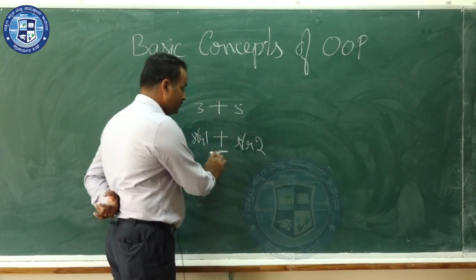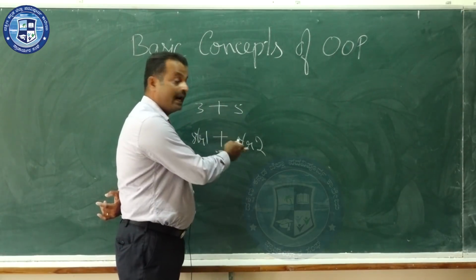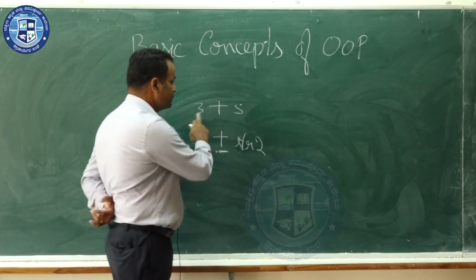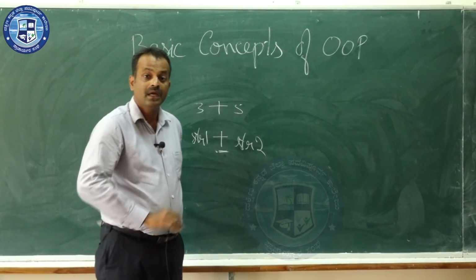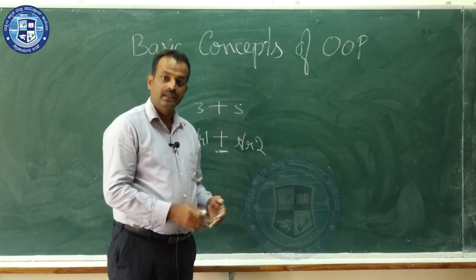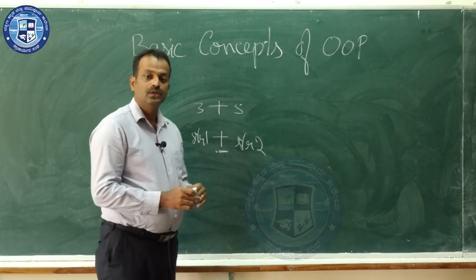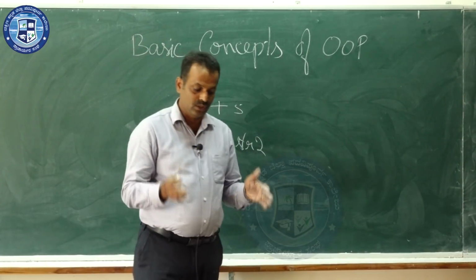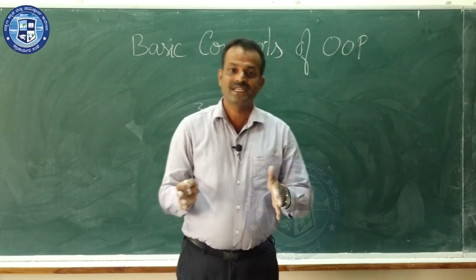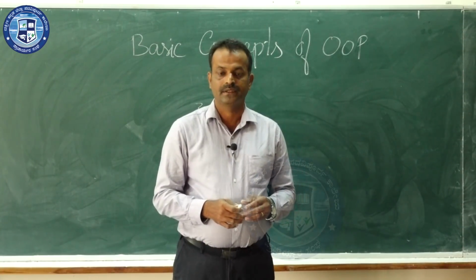Basically plus is not meant to add strings. Plus is meant to add numbers, maybe integers or floating point numbers. But I am overloading the plus operator such that it can also be used to add two strings, or two objects of the class, or maybe two characters.